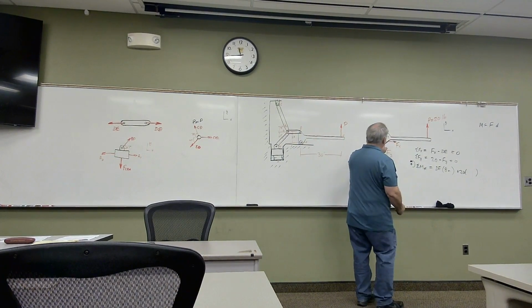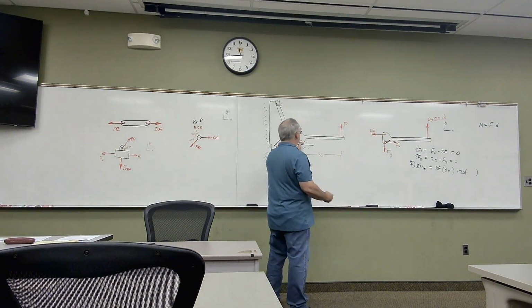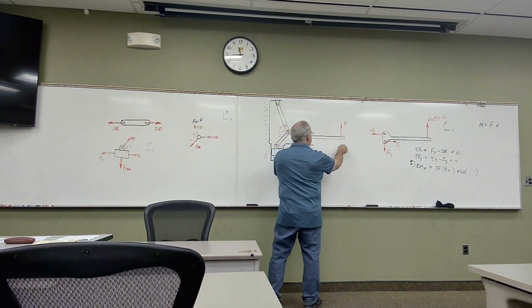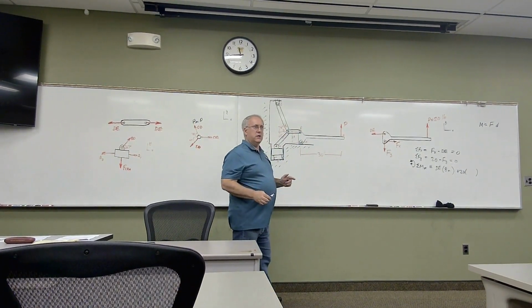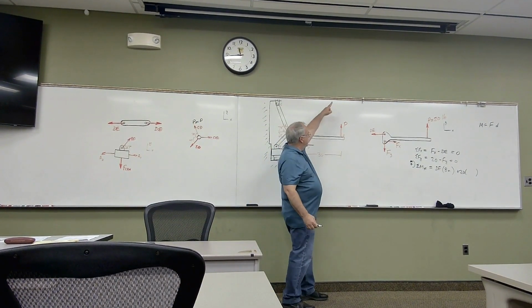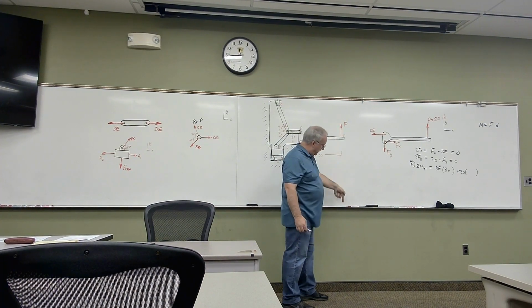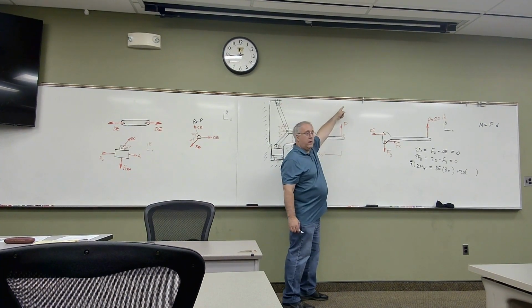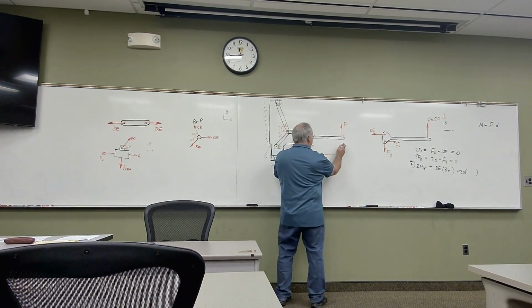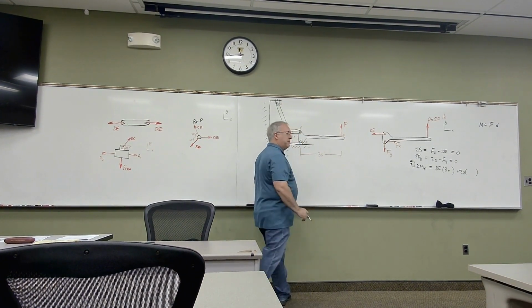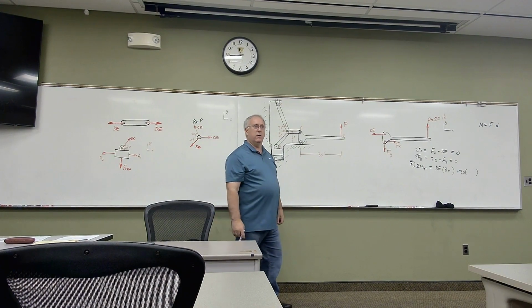That distance from our moment center over to the line of action of this force. An important principle here, ladies and gentlemen: lines of action of forces go infinitely in either direction. So the line of action of P goes infinitely that way, infinitely that way. So this distance from here over to here is the distance I want, which just happens to be given to us as 30 inches.